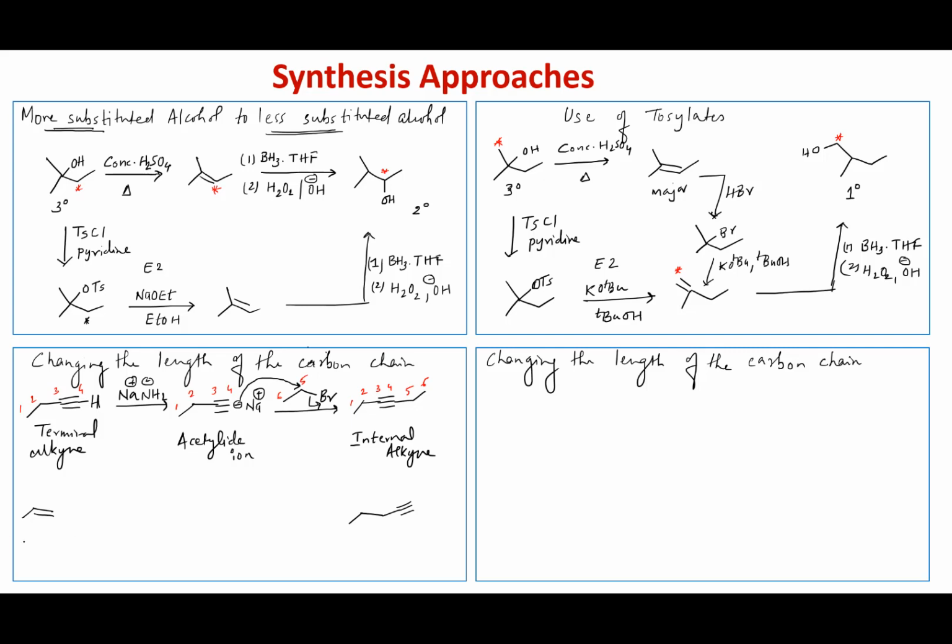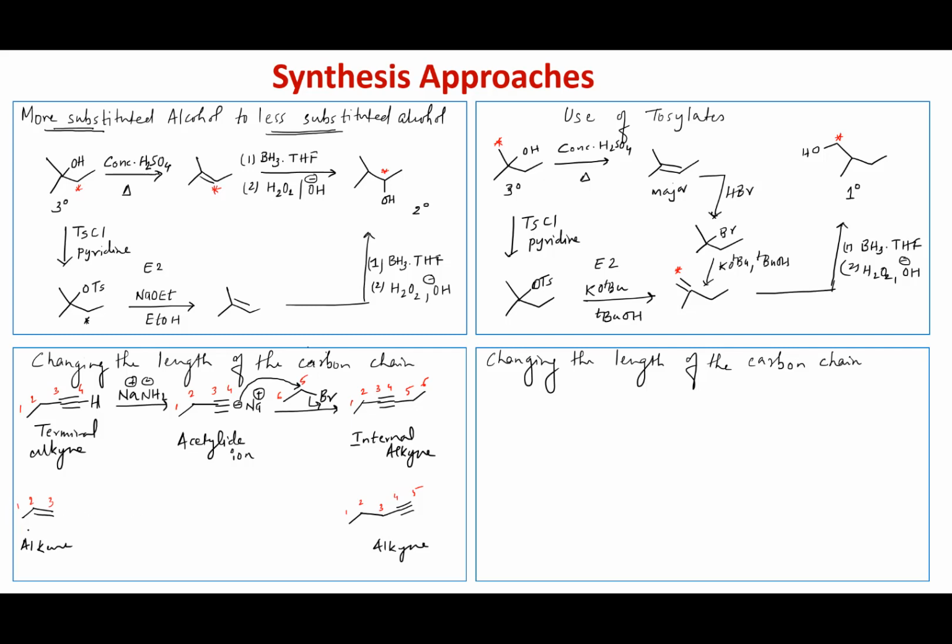So we're starting with an alkene, and I want to convert it into an alkyne, but also realize that we are increasing the number of carbon atoms here. So we are bringing in that triple bond when we're doing this synthesis. So how could I do this?